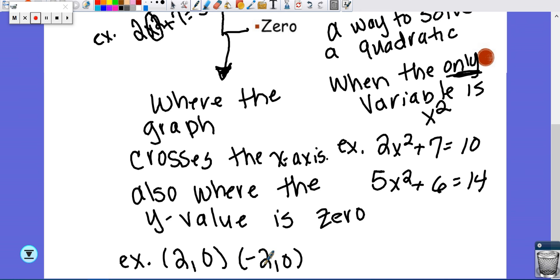If I was to graph this, I would have a point here at 2, 0, and I would have a point here, going by 2's, at negative 2, 0. These are my x-intercepts, solutions, roots, or zeros. And what you notice here, the y value is 0. That's how you know you're dealing with an x-intercept, root, solution, or zero. Right now, we're just trying to figure out how to find it, but we'll talk more about this when we graph.